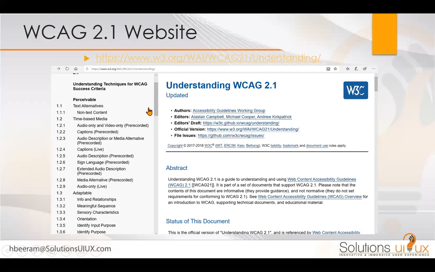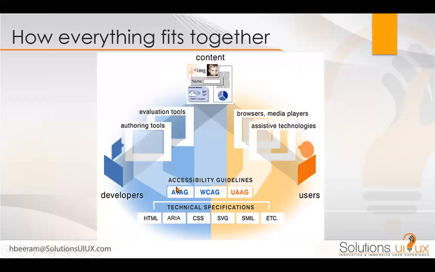And here is the website, as I've been mentioning to you earlier. This is what I was trying to share earlier. w3.org, WAI, Web Accessibility Initiative, WCAG 21, understanding. So once you get here, you can read through all of this information. How everything works together, right?